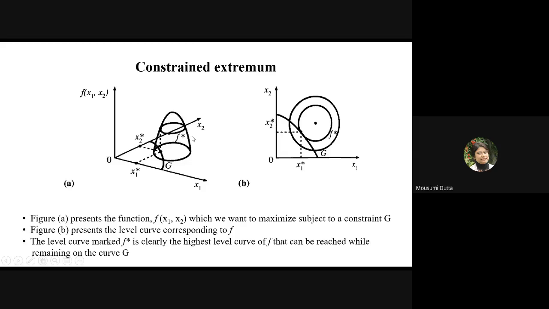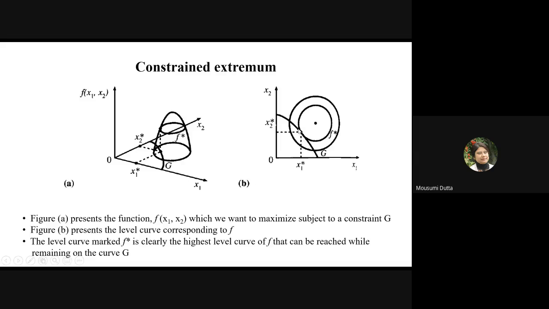This is the 3D context, and this is the two-dimensional. Figure A presents a function f of x1, x2, which we want to maximize subject to the constraint g. Figure B presents the level curve corresponding to this f. The level curve marked f star is clearly the highest level curve of f that can be reached while remaining on the g curve.